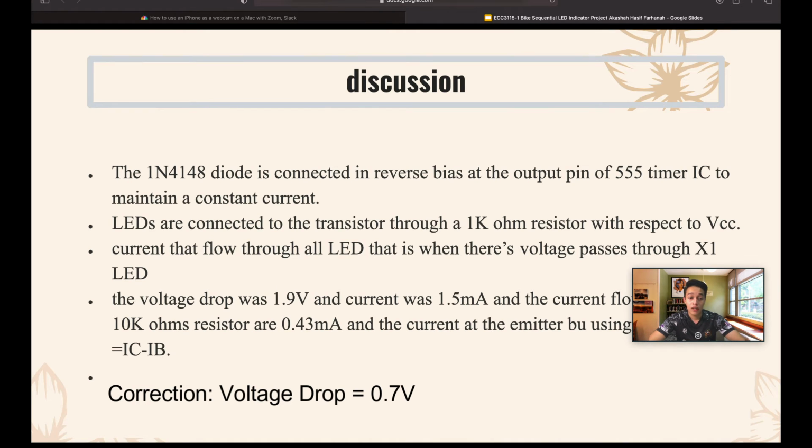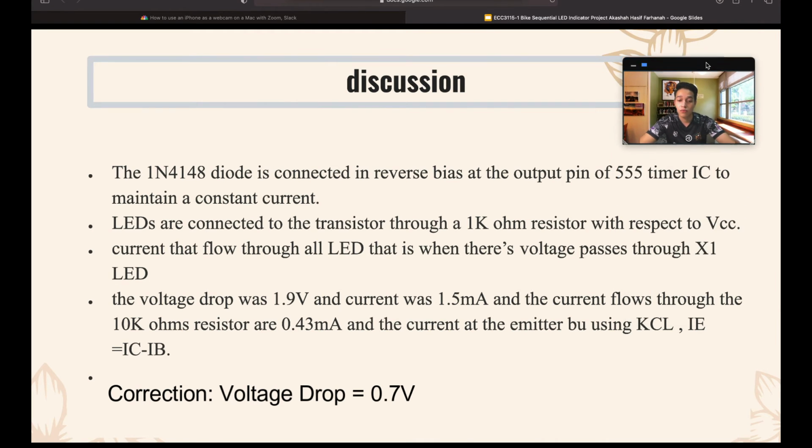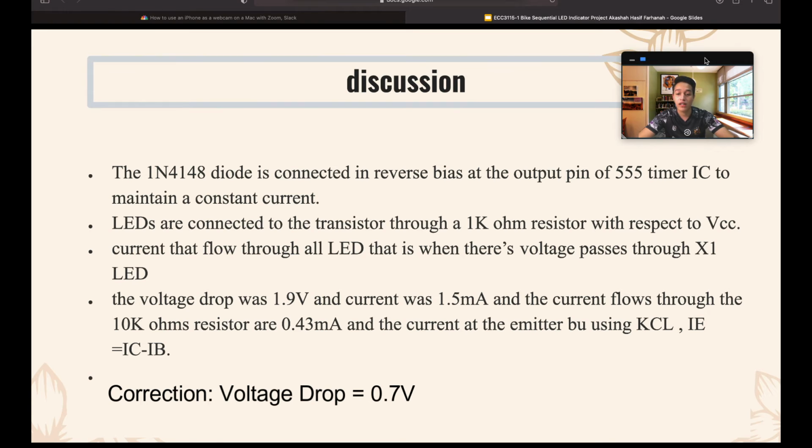The current that flows through all the LEDs is when there's voltage through the LED. We are using a 1k ohm resistor with the LED to prevent our LED from damage. The voltage drop was 1.9 volts and the current was 1.5 milliamperes, and the current flowing through the 10k ohm resistor was 0.43 milliamperes.